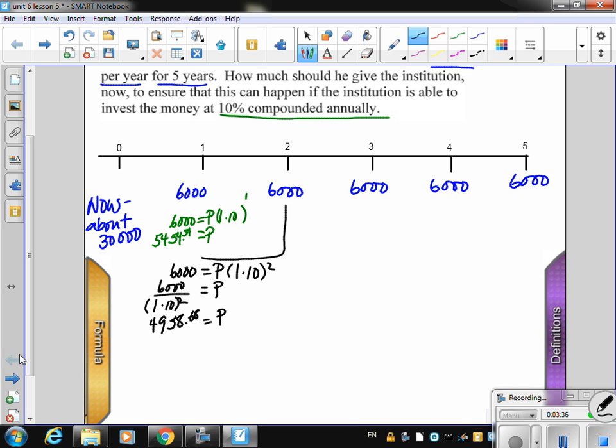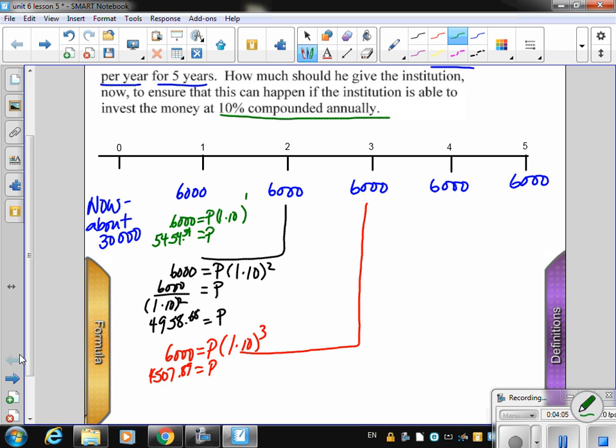The next one, how much would we have to invest to get that $6,000? $6,000 equals the principal that I put in for it times the interest rate for 3 years. I'm going to divide both sides by 1.10 to the power of 3, and I would get $4,507.89. 2 more.